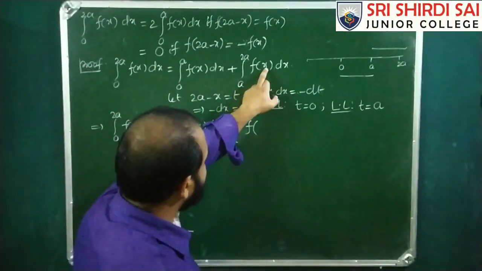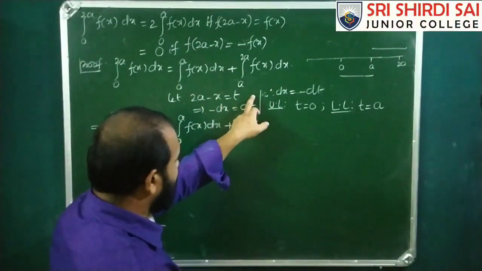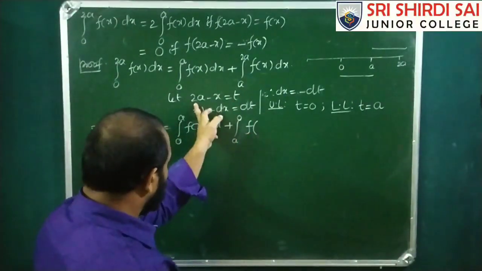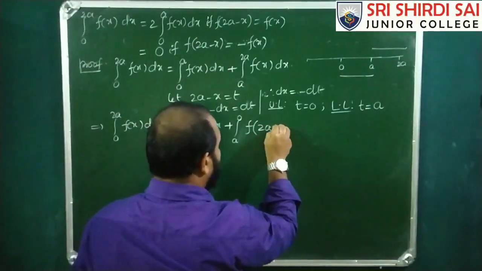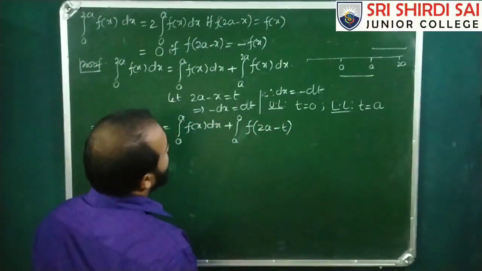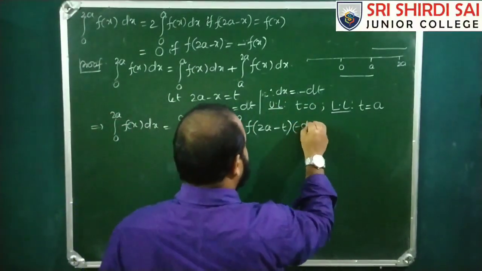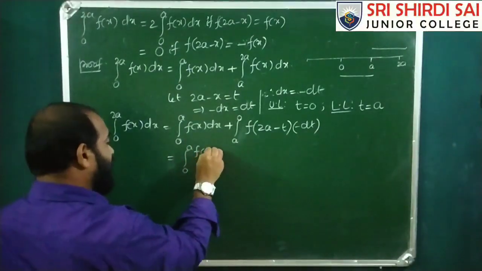I want x. So if this minus x, if you transpose here, and t if you bring here, so 2a minus t is x. So x value can be replaced as 2a minus t. So dx value is minus dt, that is equal to 0 to a f(x) dx.